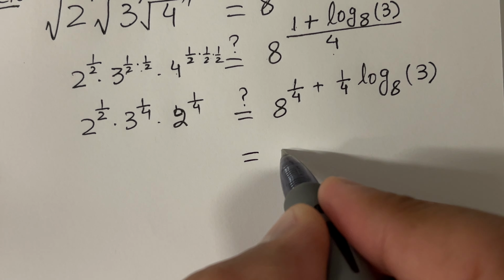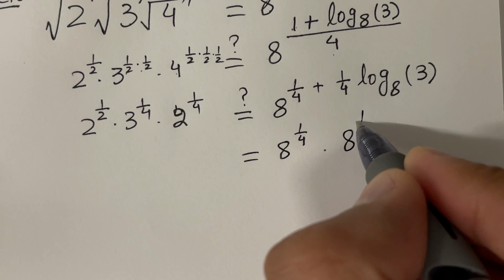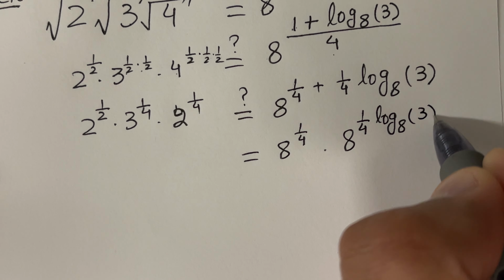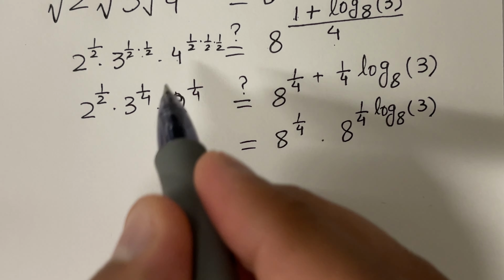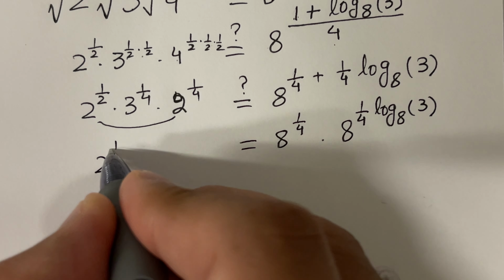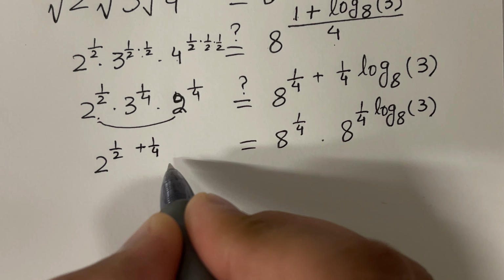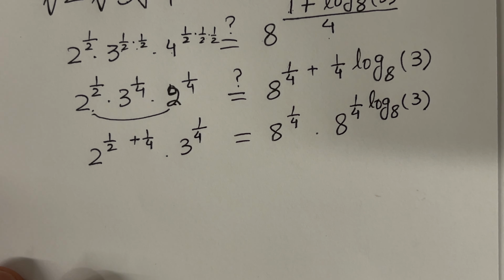Now we have 8 raised to the power 1/4 times 8 raised to the power 1/4 log base 8 of the number 3. Let's combine these two. So we have 2 raised to the power 1/2. Since the bases are the same, you can just add the exponents, and let's keep this as it is.